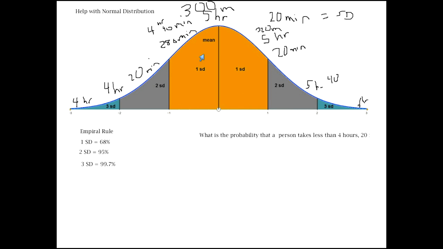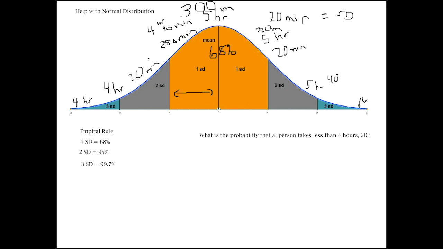Well, we can actually use the percent data stuff that we know to figure this out without any formulas. However, we are going to need formulas for the assignment, but it's important to understand how you could use this to do it first. If we remember from the empirical rule, 68% of the data is sitting right in here, right? 68% is within one standard deviation positive or one standard deviation negative of the mean.